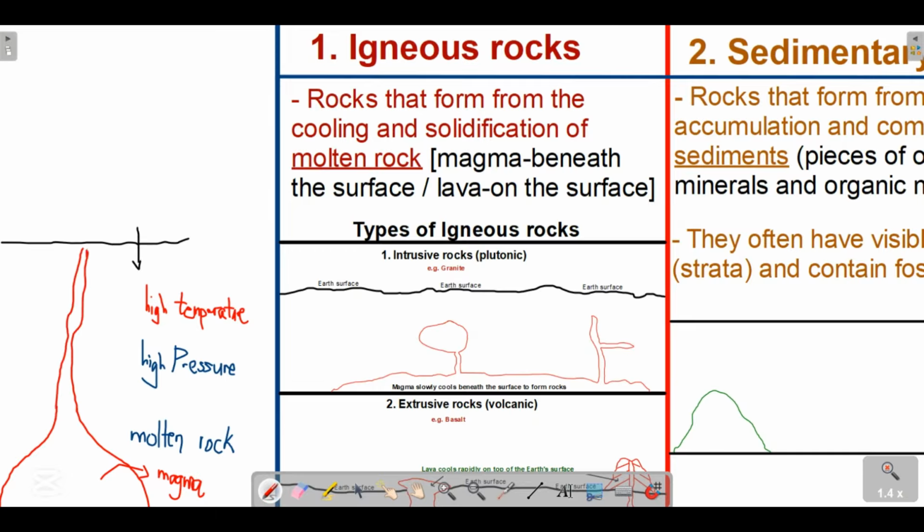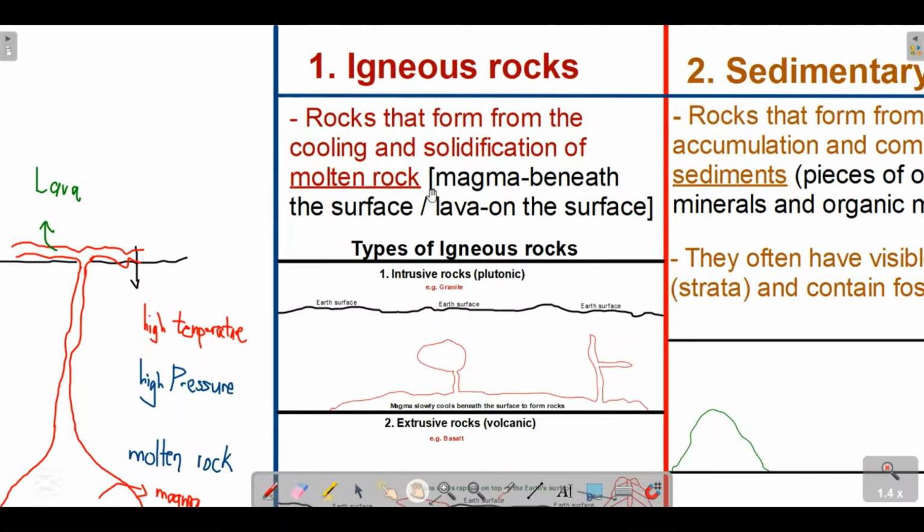So it goes up and up and up, and it makes its way onto the Earth's surface through cracks and through joints. And so now you have this molten rock, but it's on the Earth's surface. Now we then call that lava. If it is on the Earth's surface, we call it lava. If it is beneath the Earth's surface, we call it magma. Okay, it's still molten rock, guys.